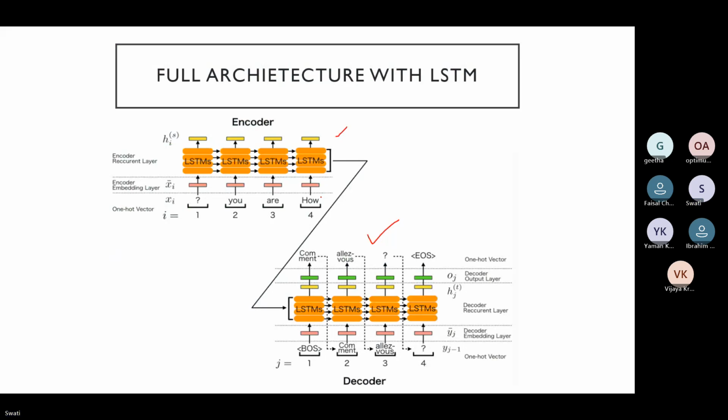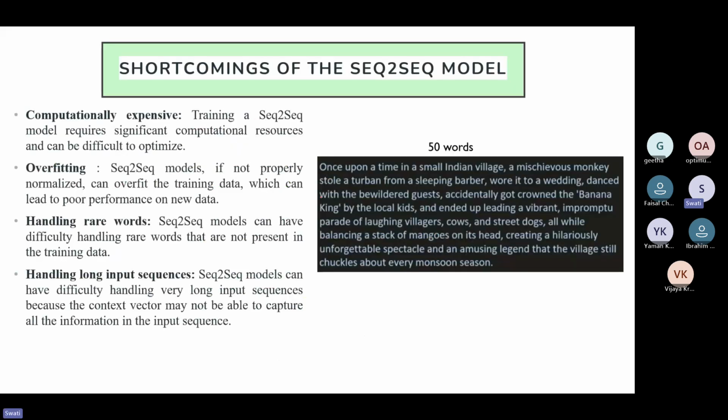Researchers found that for 25 to 30 words it will work okay, but if it is a longer sentence, it may not be able to give the proper translation because the whole context couldn't be stored in one vector. That is very difficult.